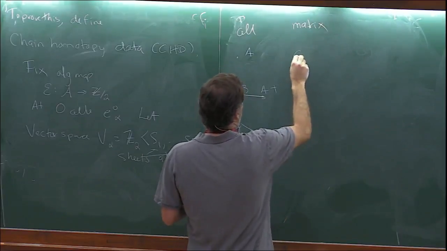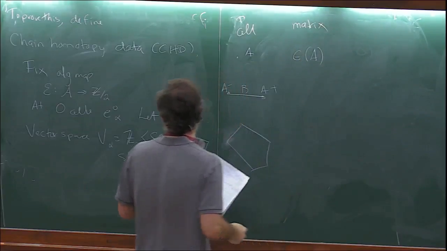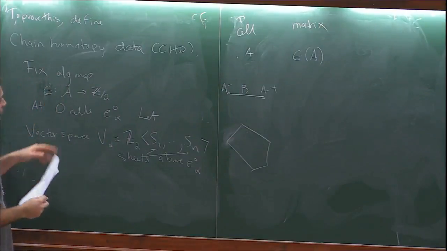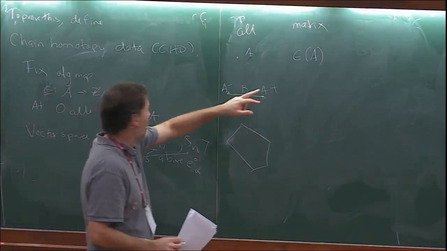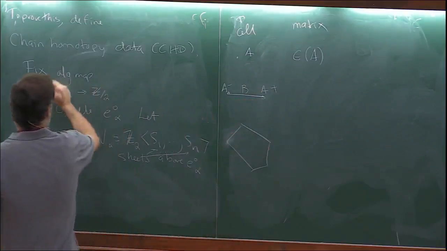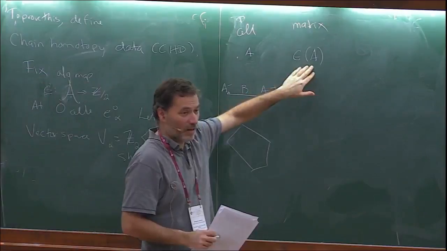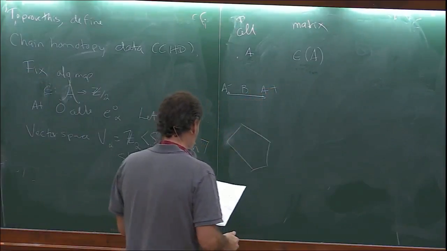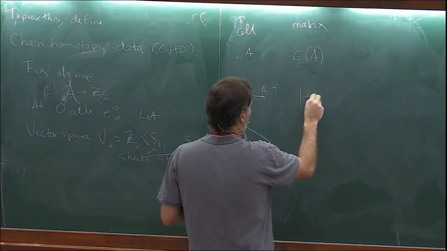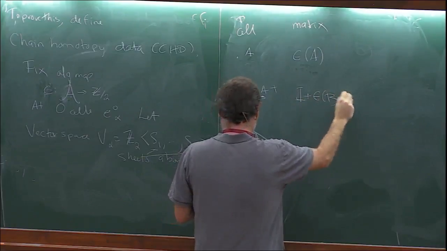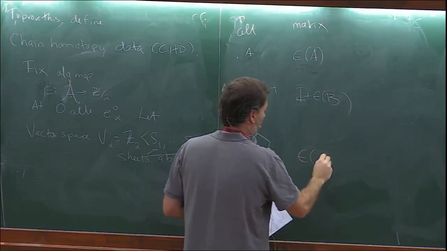So here, it's the matrix epsilon applied to A. Again, epsilon is a map on the algebra, so it's also a map on the generators, which look like the algebra. This is a script A. And this is just a matrix of elements in the ground ring. And here we have another matrix of elements in the ground ring. And here we have a third matrix of elements in the ground ring.